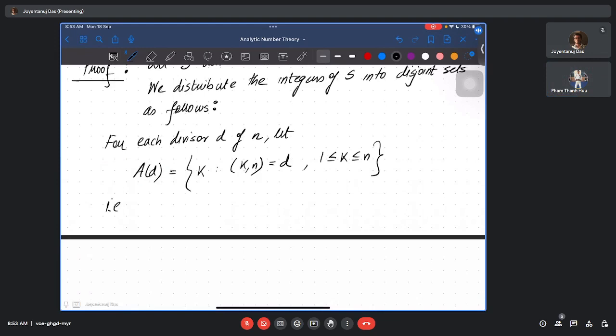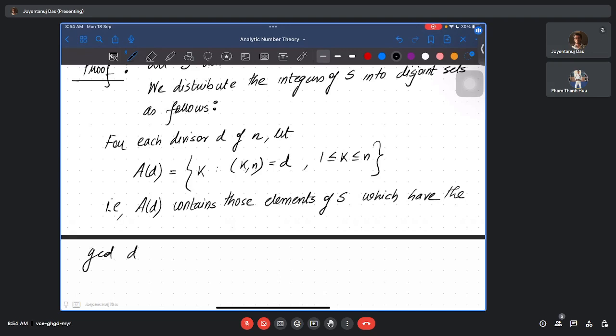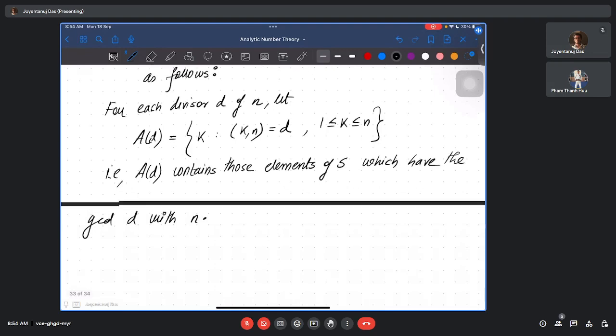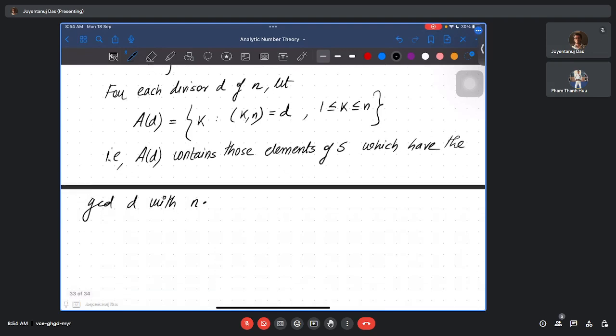So A(d) contains those elements of S which have GCD d with n. Now you can see that these A(d) form a disjoint collection, right?